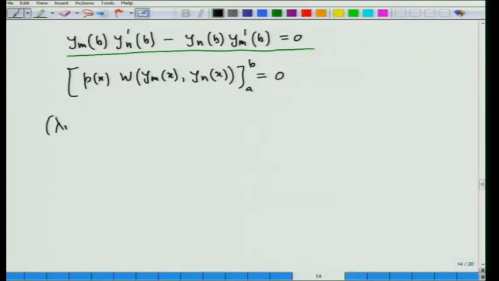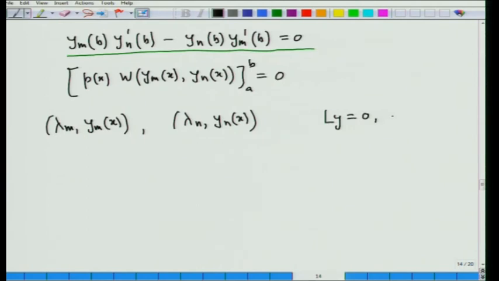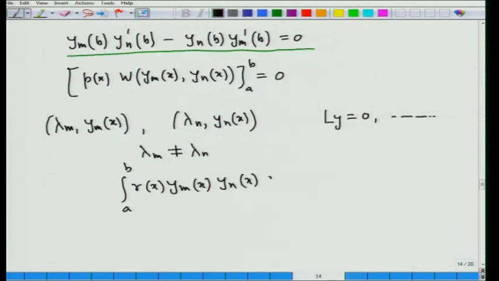So, combining these two results, we can say that lambda m, y m(x) is an eigenpair, and lambda n, y n(x) is another eigenpair associated with the homogeneous Sturm-Liouville boundary value problem Ly equal to 0 with the separated boundary conditions, and lambda m not equal to lambda n, then the integral from a to b of r(x) y m(x) y n(x) dx is equal to 0.